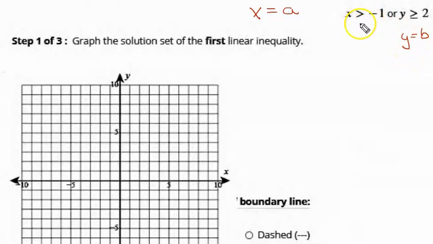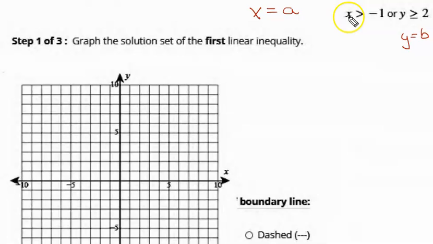Now, in a sense, they're already solved. What type of line are we using? What boundary line? Are we using a dashed line for this or a solid line? Well, it's only an inequality sign, so we're going to use a dashed line.